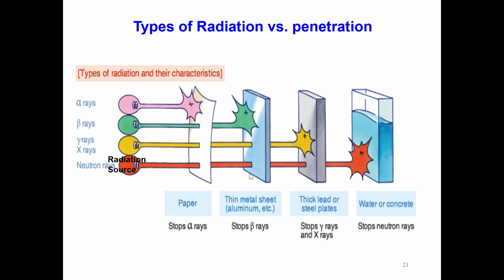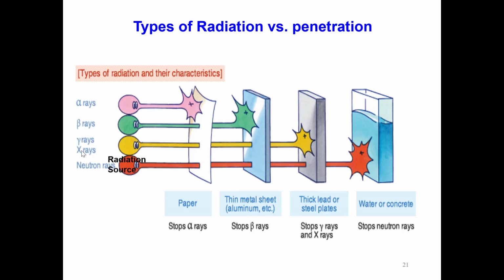In this picture, we want to show the type of radiation versus the penetration. Here we have the alpha rays, and we can stop alpha rays using just a paper. In the case of beta rays, we can stop them using a thin metal sheet, such as aluminum.